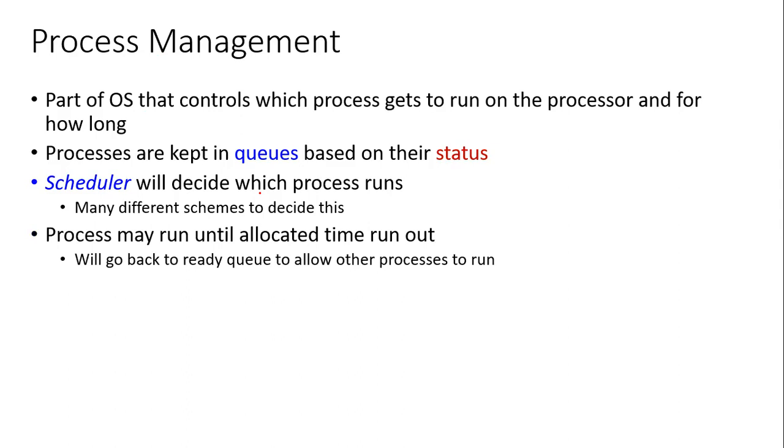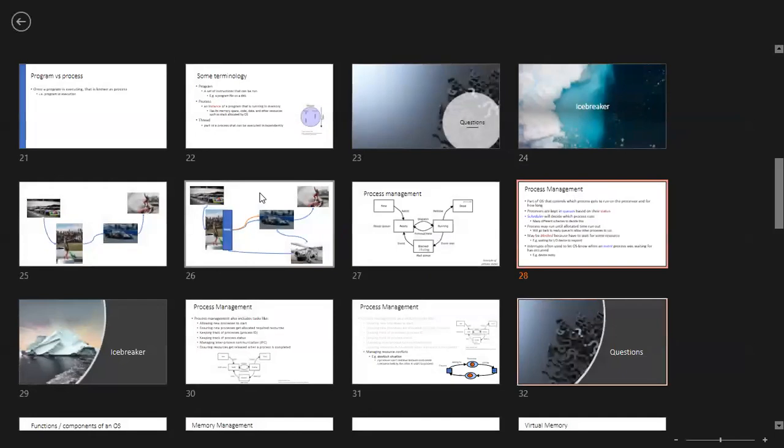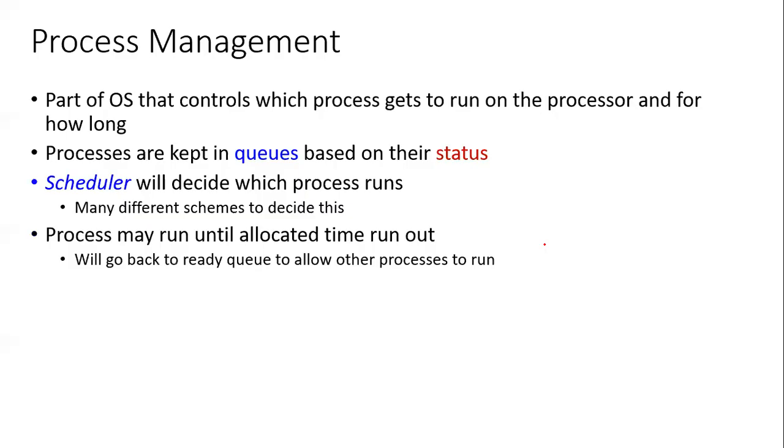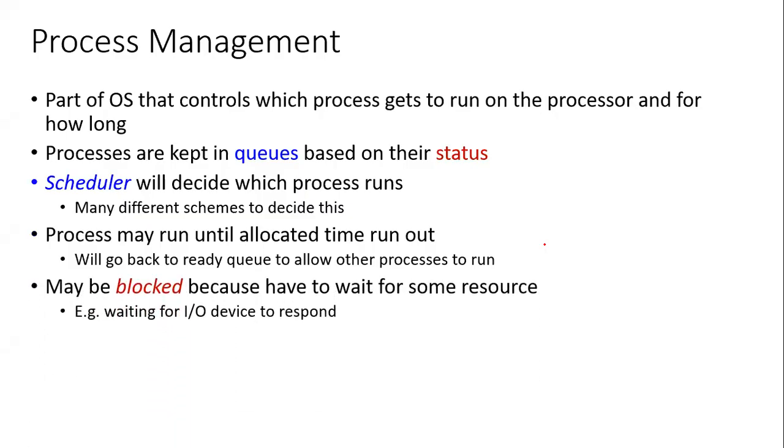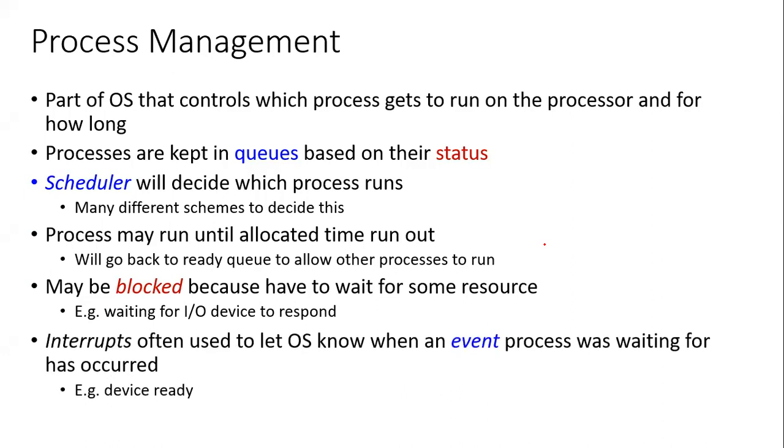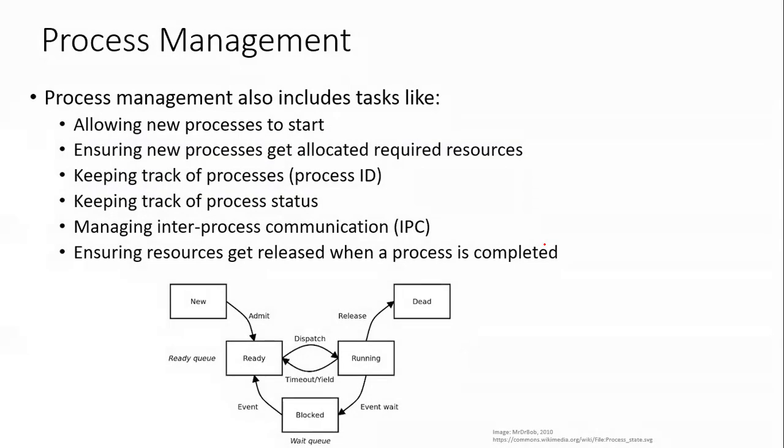When there's a timeout, different cases can happen. A process can be blocked because it waits for some sort of resource, and the resource is not fulfilled. Interrupts usually happen to let the operating system know when an event the process is waiting for has occurred. All right, so that is the process management.